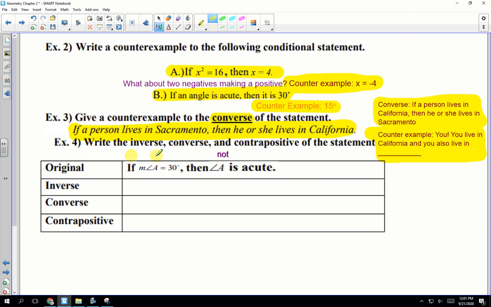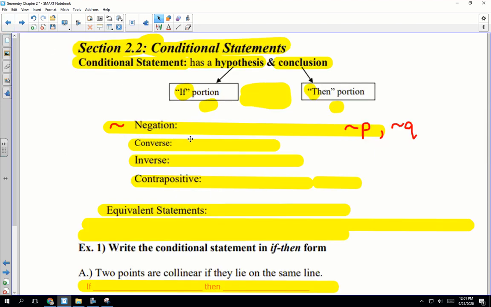The hypothesis is the measure of angle A is equal to 30 degrees. All of these items are going to have a then. And then the conclusion is that angle A is acute. So I just made different little copies of each one of these items so that I could just pull and drag so you can see how easy, once you have the original, how easy it is to put together inverse, converse, contrapositive. If you can't remember what each one is, we can just dial back.